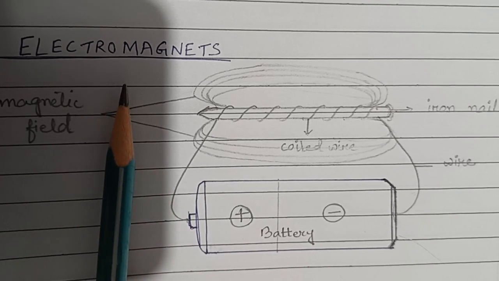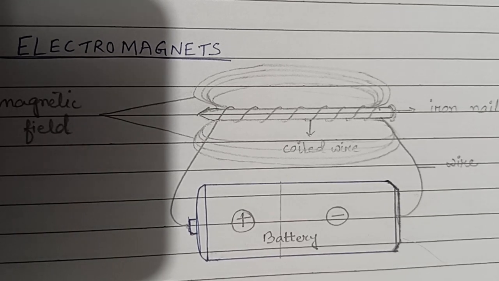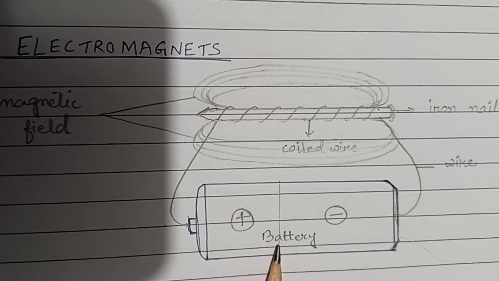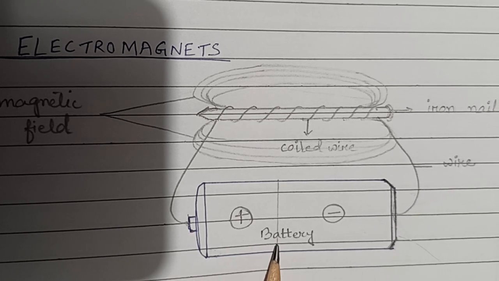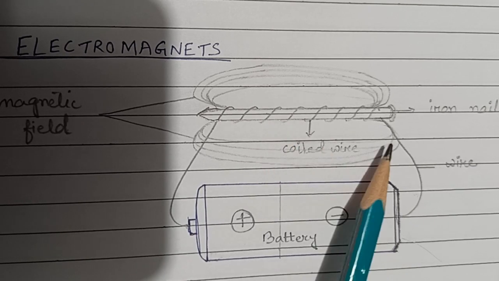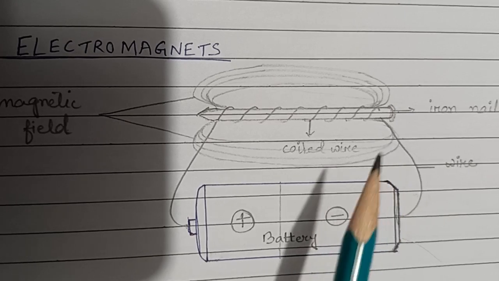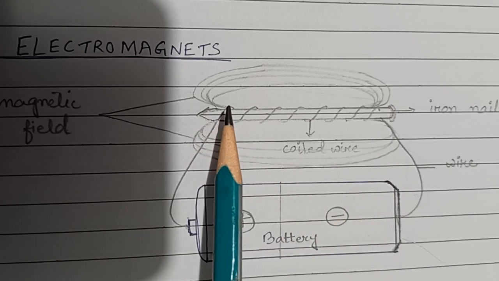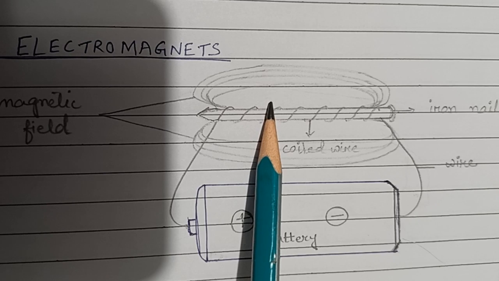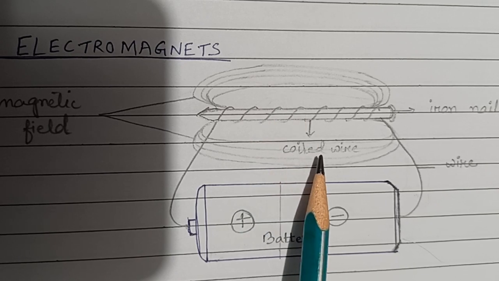But how can we make an electromagnet? Let's see. Very simple. You can do this activity. You need a battery, an iron nail, and a conducting wire, and when we wound this wire around this iron nail, that's why it is called coiled wire.